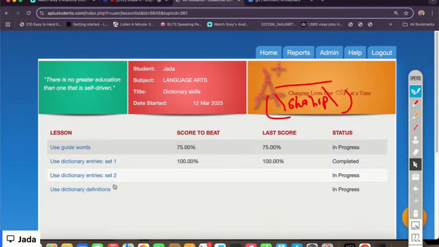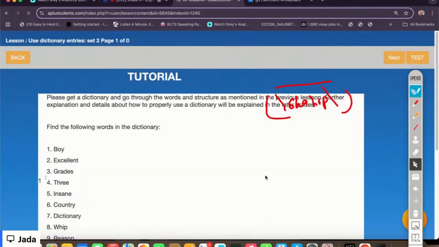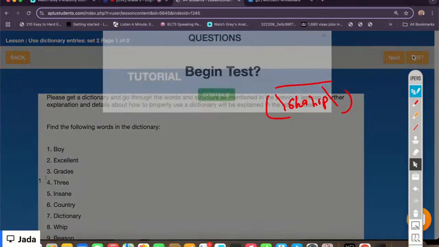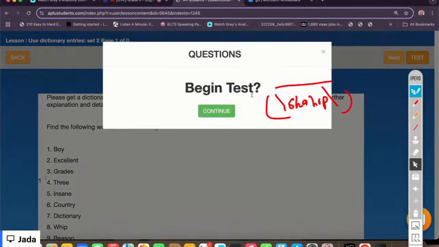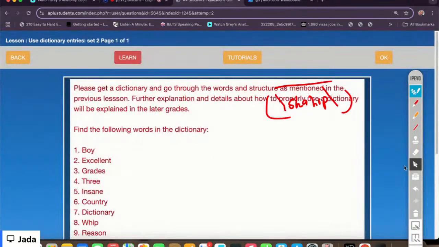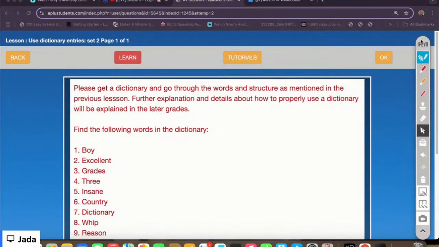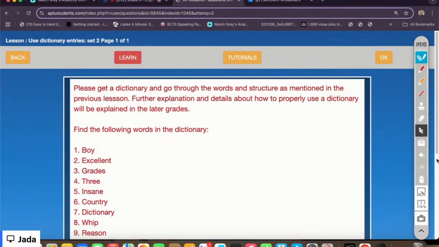And then we have used dictionary entry set 2. So we have set 2, and it's basically the same thing, but we have just one question here.